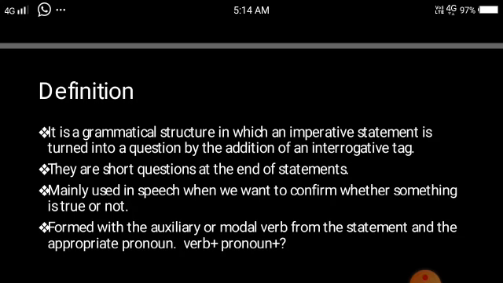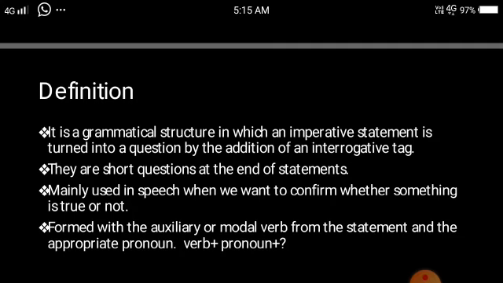Now, we have plenty of time. This is a statement, an imperative statement. Is it clear? We have plenty of time. Haven't we? That is a question tag.